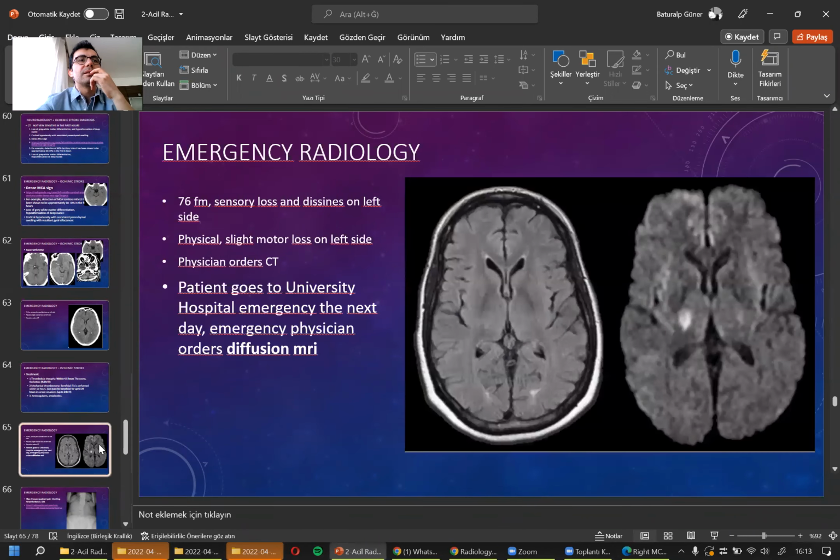What happened is that the patient goes to University Hospital the next day, and when they do a diffusion scan, they find a very small area of diffusion in the basal ganglia. So basal ganglia infarcts sometimes come with very mild neurological examination symptoms, okay? It can happen.